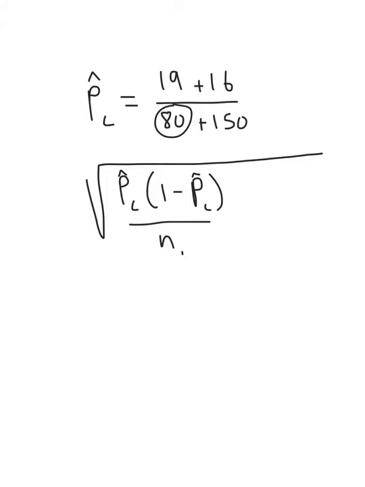So that would be over 80. And then add the pooled, and same thing, right? It's going to be the same number. Like that. Over the other population. Sounds crazy, right? But that's what we do. So let's do it.